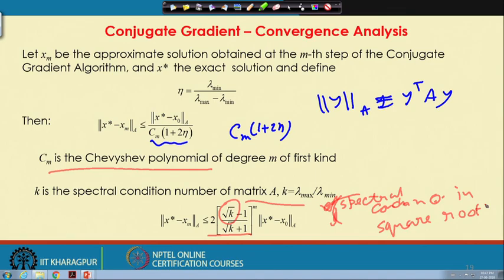So, in a way we can get the idea that the rate of convergence, or the convergence factor, will be in a sense the square root of that. Therefore, the number of iterations will also be about the square root of the number of iterations for the steepest descent method.